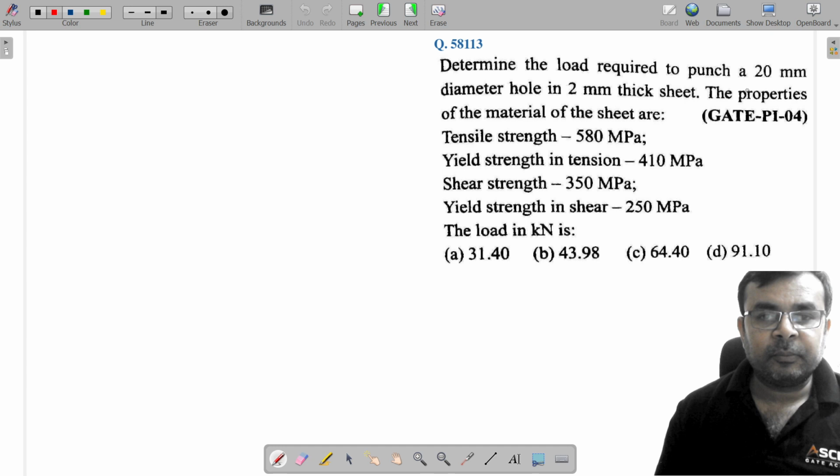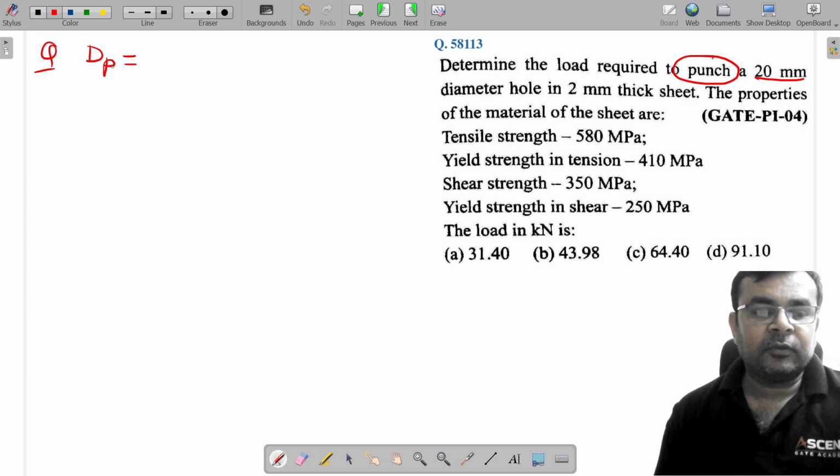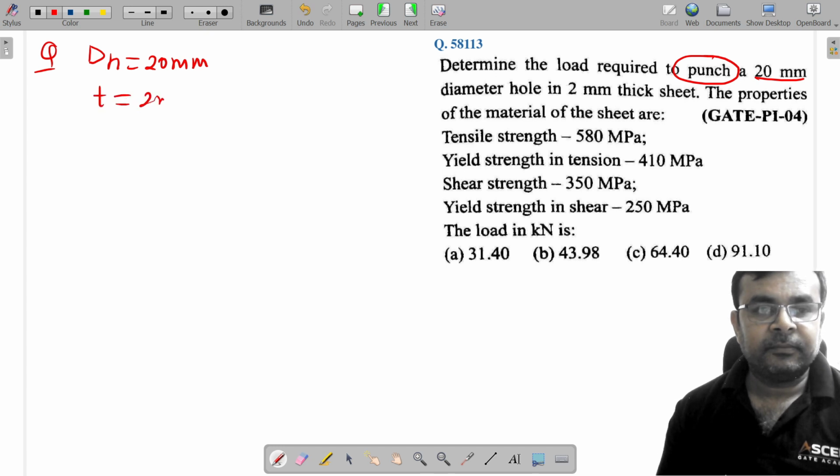Determine the load required to punch a 20 mm diameter hole. You can say this is a punching operation. The diameter of the hole is 20 mm, and the sheet thickness is 2 mm.